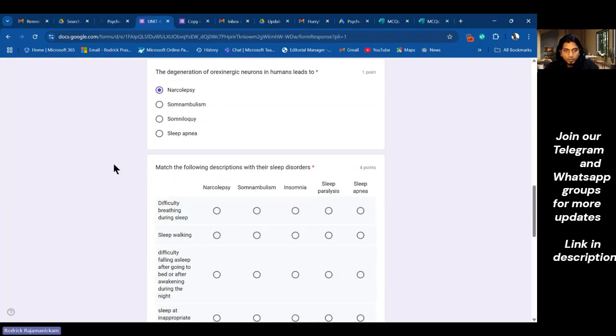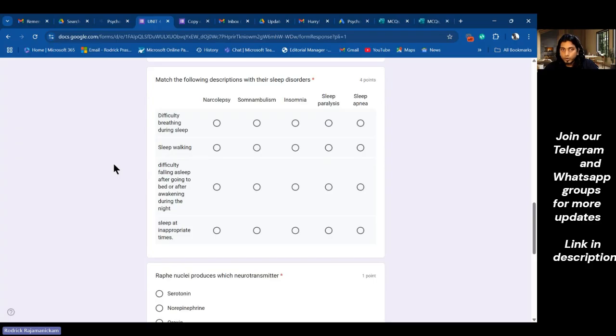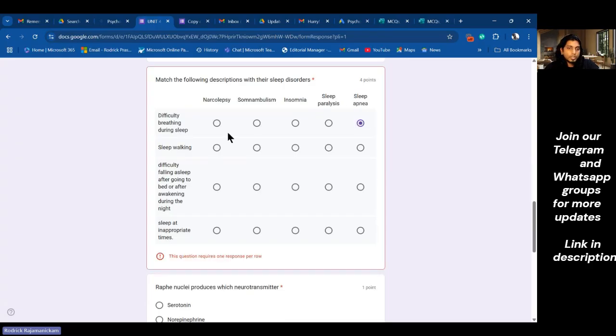So next one, another question following sleep disorders. Difficulty breathing is apnea. Apnea is a technical term for difficulty breathing. When it happens during sleep, it's sleep apnea. It happens because of excessive relaxation of the muscles in your diaphragm, as well as the muscles around your throat, which are supposed to keep the airway open.